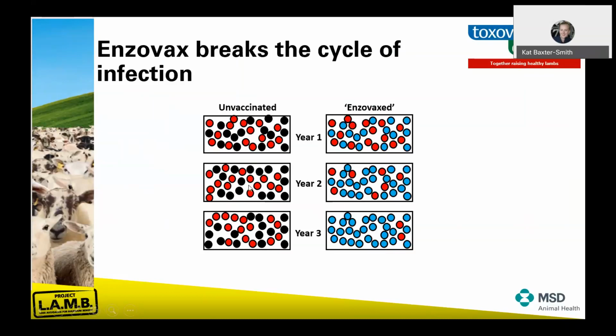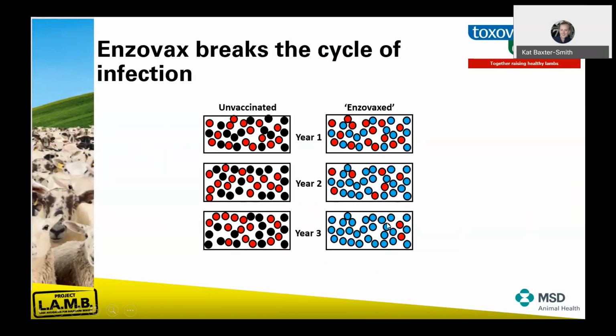If we move into year 2, obviously some of these animals will be taken out of the flock due to age or what have you, and new animals, which are hopefully naive, will be put in to replace them. So we vaccinate these replacements again, and they get moved into the flock. More of the flock is blue, less is red, risk is even lower, even fewer abortions.